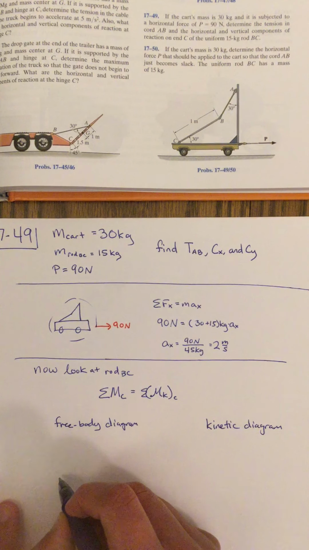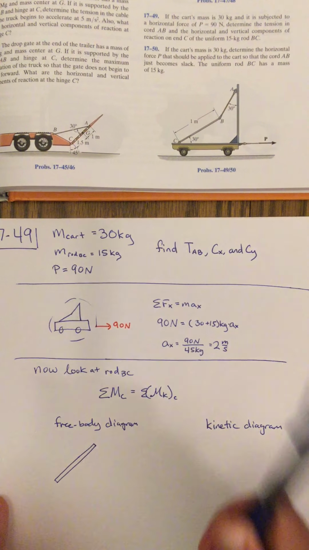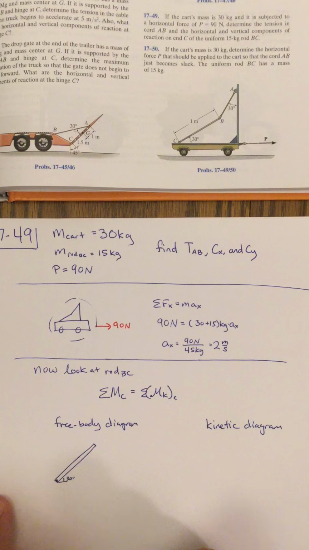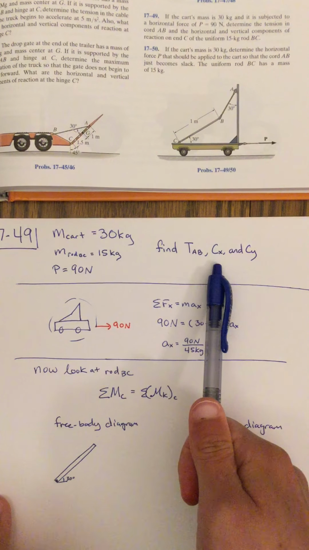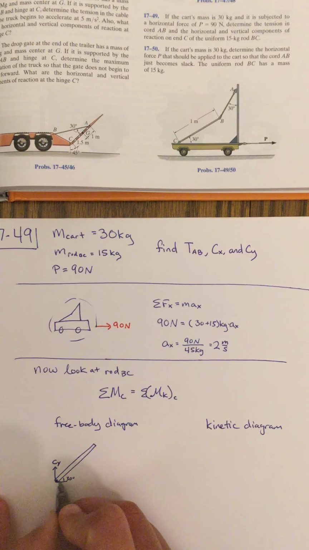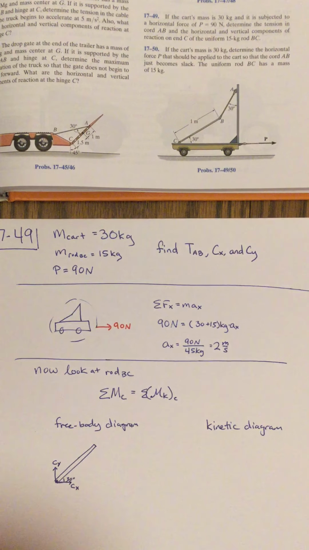This is just for the rod, and from my picture here, I know that this angle is 30 degrees, and I have forces acting at point C. Now let's just say the x component is going in the positive x direction and the y component is going in the positive y direction. I prefer to do it this way, and then the sign that I get will tell me what direction that component is acting in.